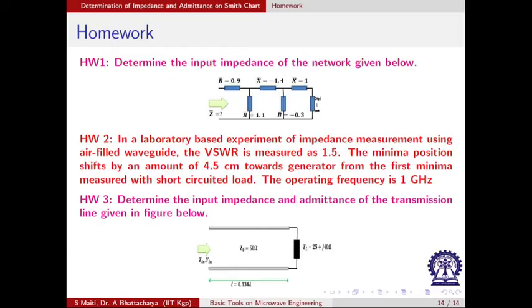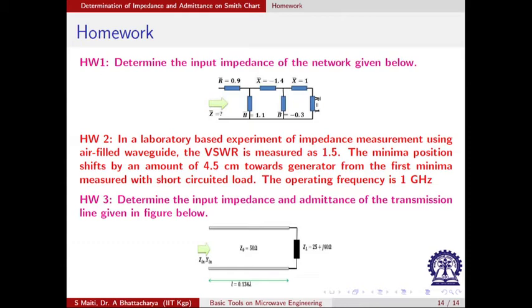Similarly, the second problem is like our laboratory problem, that in a laboratory we have found the VSWR, and also we have noted that the minima shift by a certain amount, and the frequency is given.